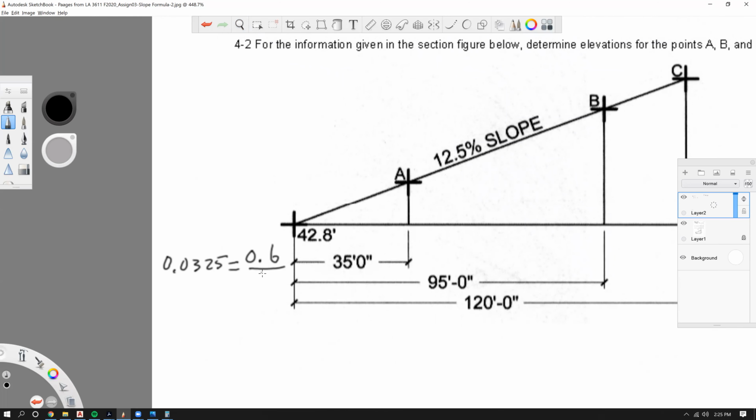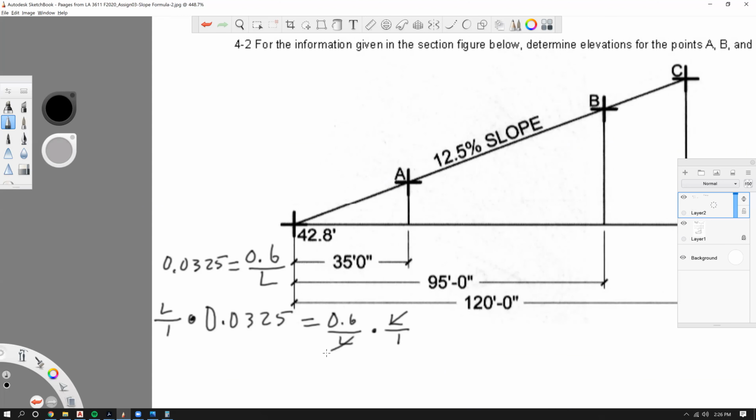0.6 over L, and then we want to isolate L, get L all by itself. So first, get L out of this fraction. We're going to multiply both sides by L over 1.